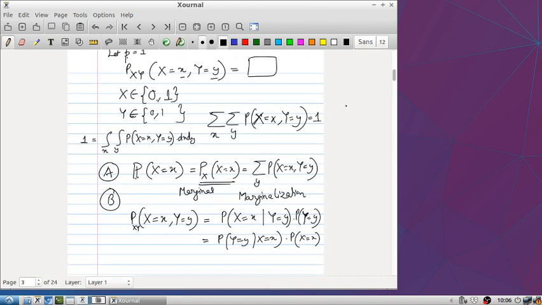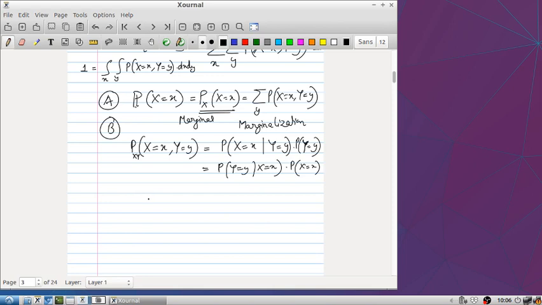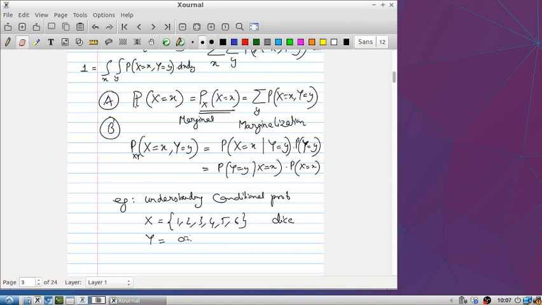So let me give you a die-based example to understand conditional probability. Let's say x is a random variable which takes a value 1, 2, 3, 4, 5, or 6. So basically, it's the outcome of a die. And y is a random variable which also depends on the die. It's basically saying whether the outcome is odd or even.